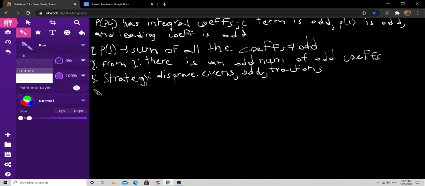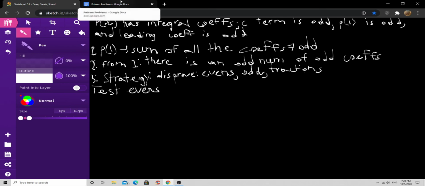Okay, so let's start out with. So here's a claim, or statement. Well, I'm not going to write the statement yet. So. Test. Let's just test evens, and we have to note it.